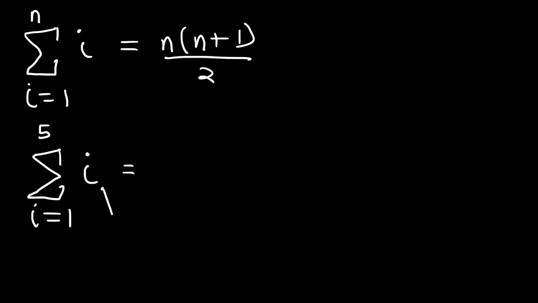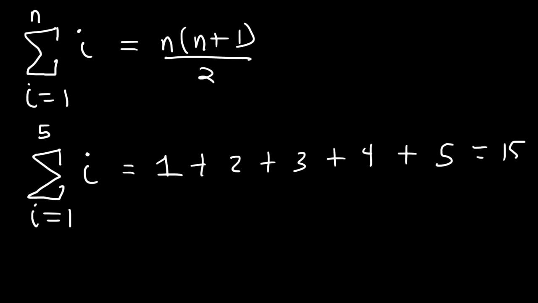When you replace i with 1, you get 1. If you replace it with 2, it's going to be 2. And we're dealing with sums, so we have to add everything up to 5. 1 plus 2 is 3, 3 plus 3 is 6, 6 plus 4 is 10, 10 plus 5 is 15.